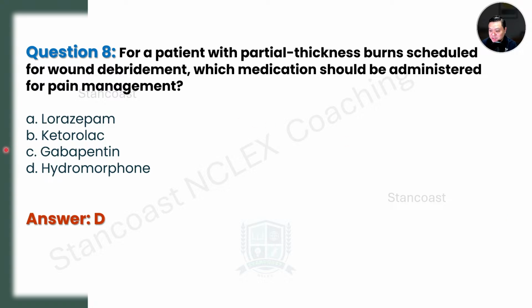If you selected letter B, ketorolac, this is a non-opioid medication, but it's not going to be effective enough to treat the severe burn pain, especially since the patient is scheduled for a wound debridement. And for letter C, gabapentin, this is intended for nerve pain, and it's not going to be sufficient for acute debridement pain.